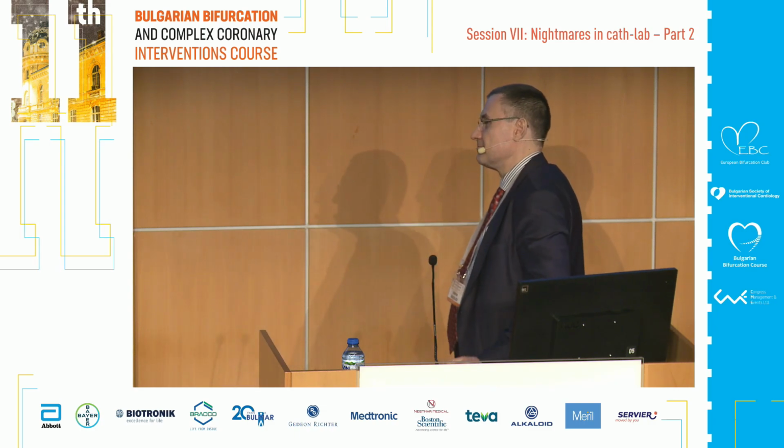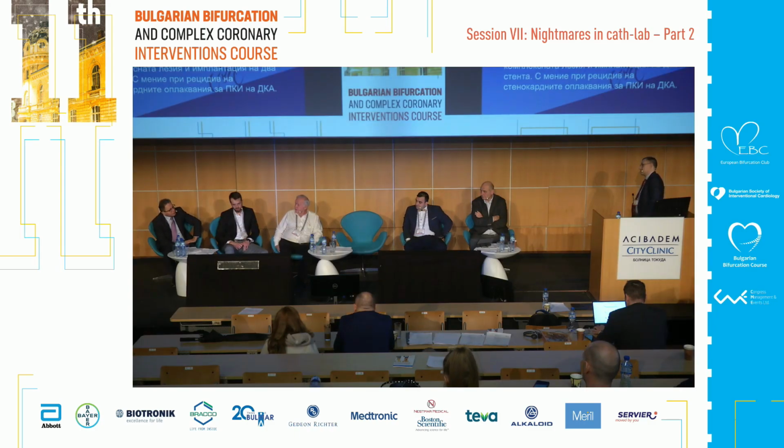Dobrin, once more, congratulations. I try to understand the mechanism of the lack of success at the beginning, because the next mechanism I understand: you cracked the big piece of calcium and increased the space for the true lumen.